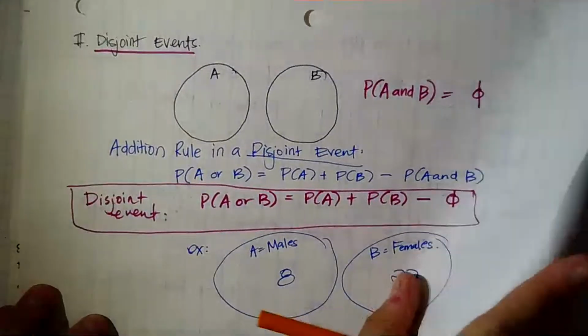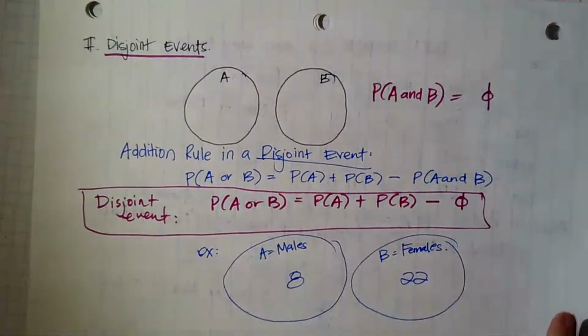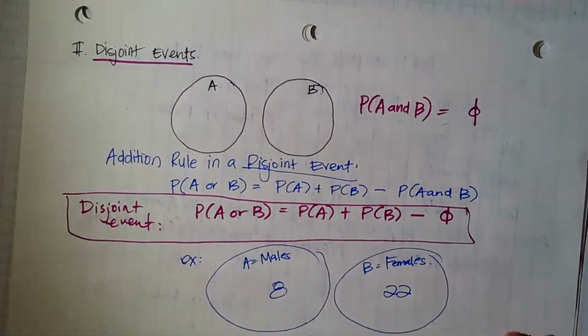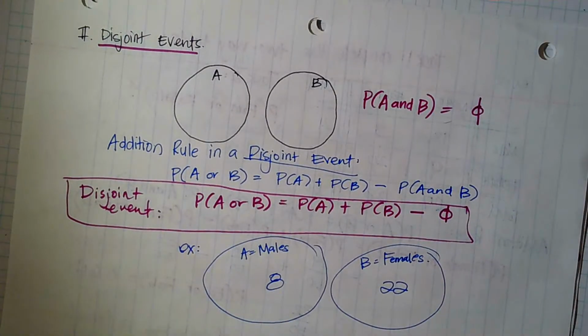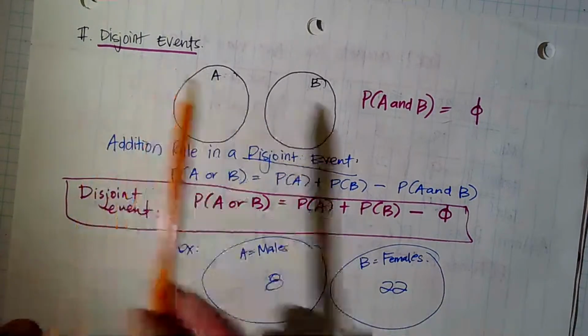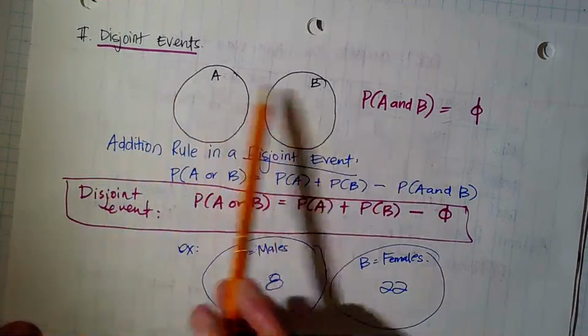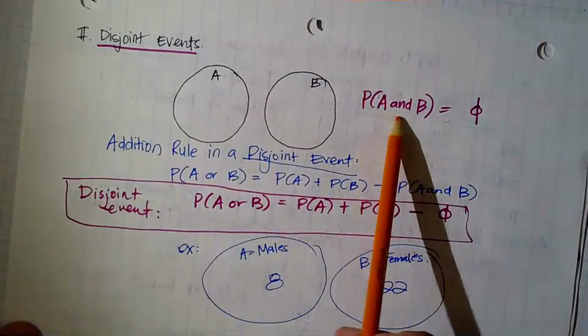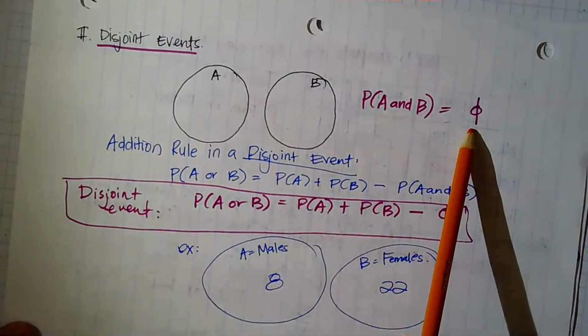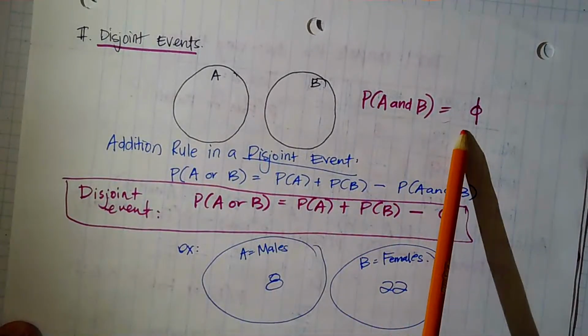Now let's go into introducing disjoint events. In those previous examples using the two-way tables, I showed events that were compounded or joined together. There was some type of overlap between them. But I can also have events that are disjoint, where A and B don't have any overlap, and that means the probability of that overlap is non-existent. What this means right here is the empty set.